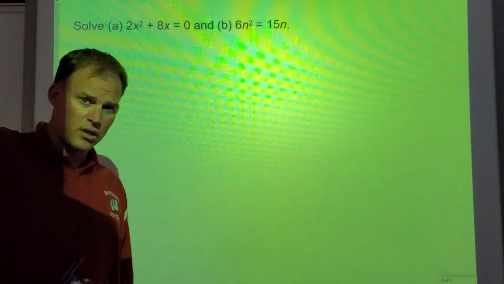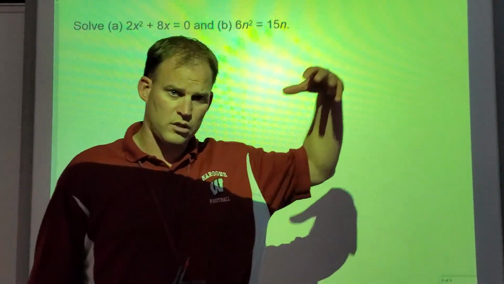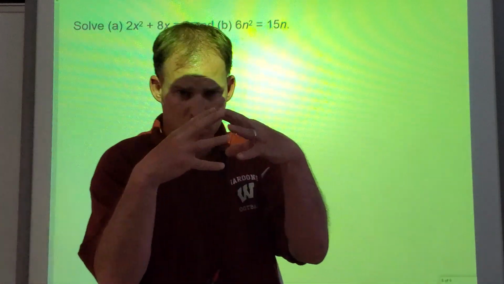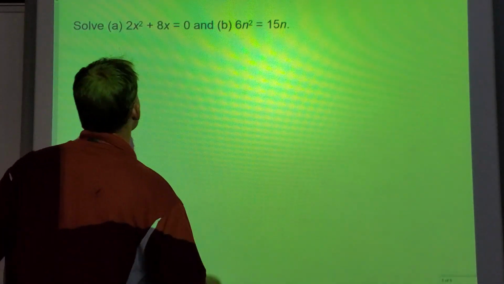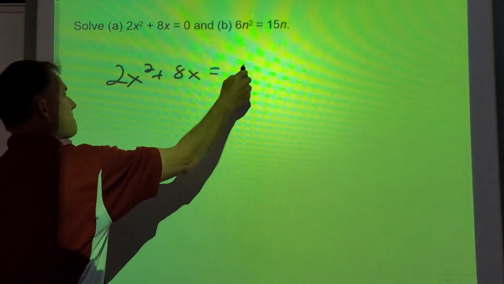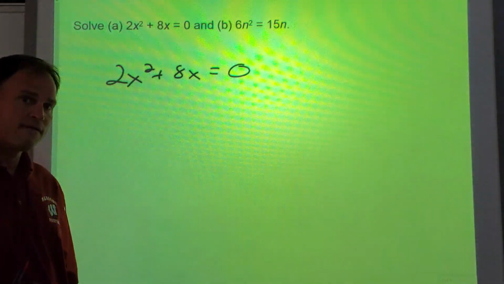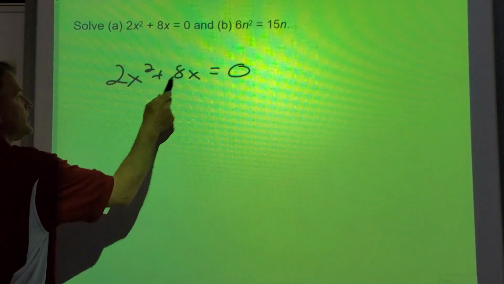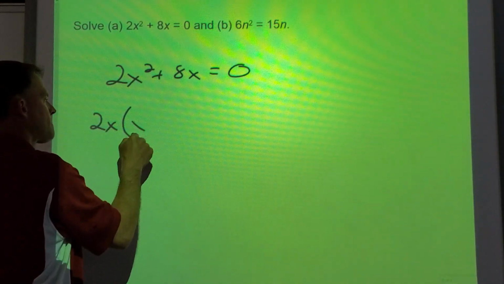So now we talked about factoring with GCF. We talked about the zero product property. Bring those 2 ideas together here. So, factor first. GCF is 2x.